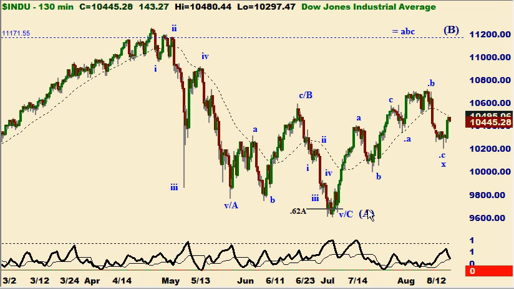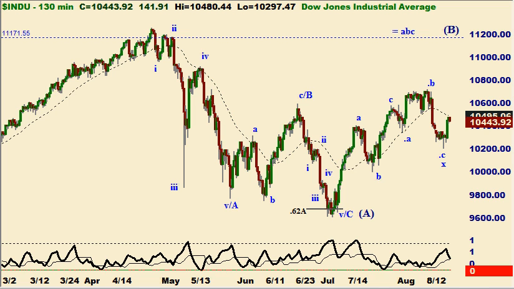And that would be a very nice pattern in terms of looking for a possible larger flat, with A down ending in July and B up perhaps ending towards the end of August or in early September, and then a really scary C wave down that would get everybody bearish into October, which is quite often the case.